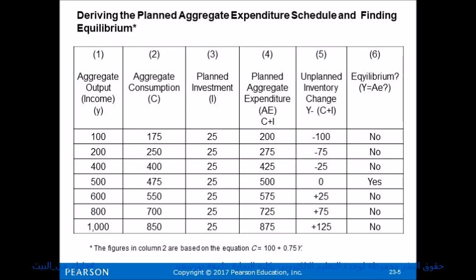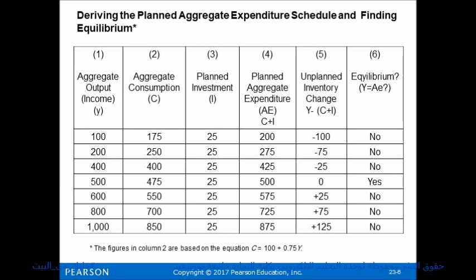In column 4, we see the calculated value of aggregate expenditure, or AE, as the sum of C plus I. In column 5, we can calculate the value of unplanned inventory. And finally, in column 6, we see whether aggregate expenditure is equal to income or not.